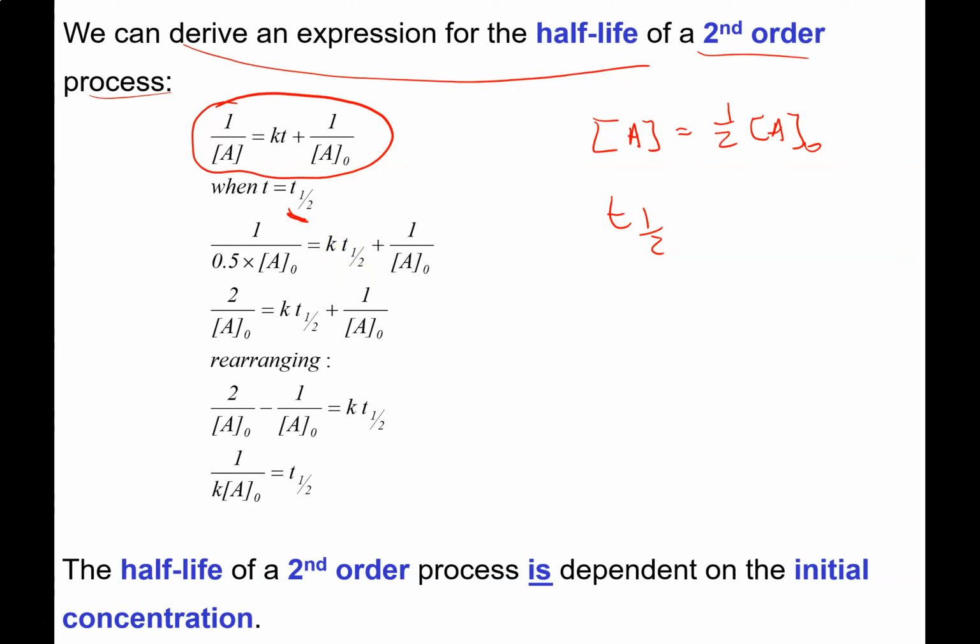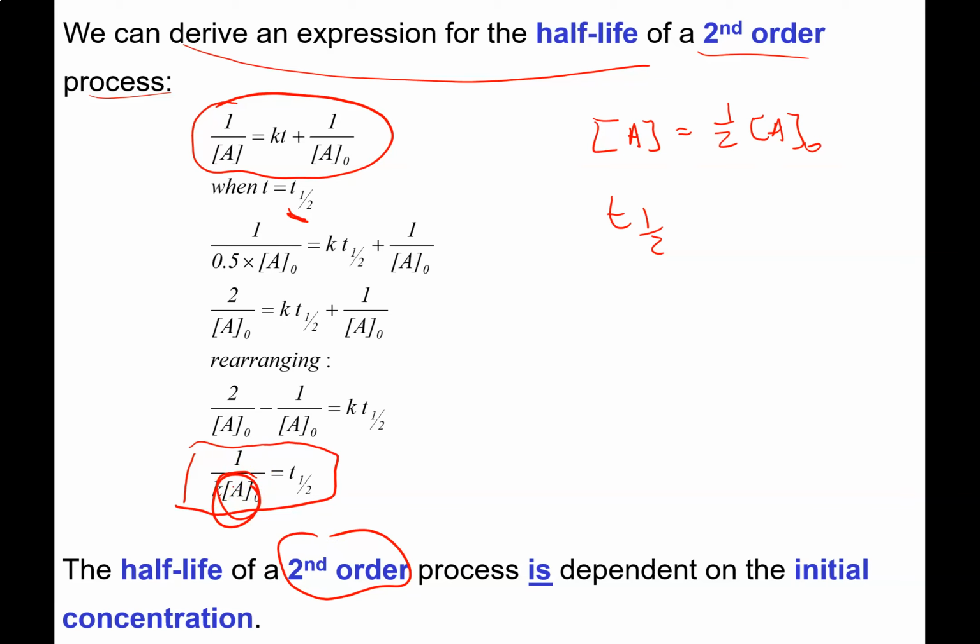So I'm just going to work through all of this. Instead of writing a half there, I'm just putting a 2 on the top line, and then I'm going to bring the concentration term over to the left-hand side, collect the like terms, and then finally divide by k.